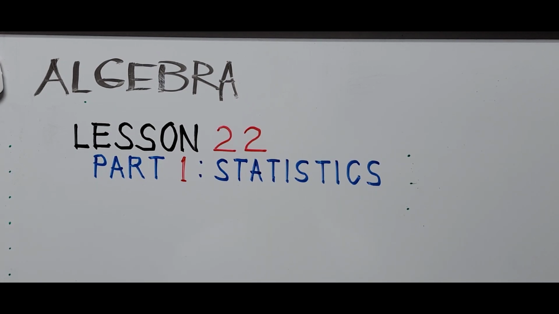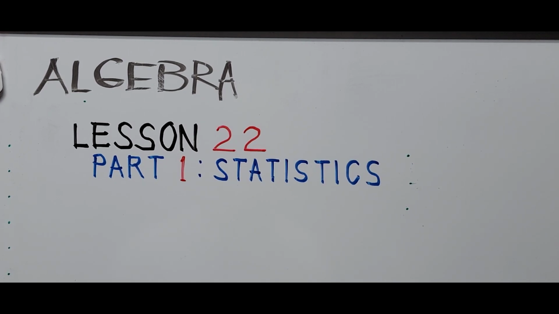In statistics, data can be analyzed by finding the mean, median, mode, and range of a set. Algebra can help us find the mean and the range of a set as new values are added to the set, and it can help us find the missing value in a set.